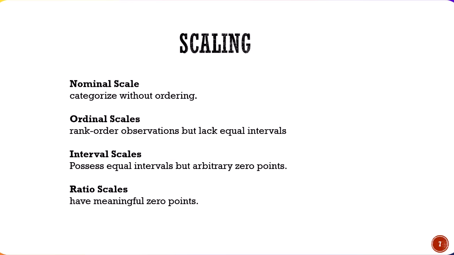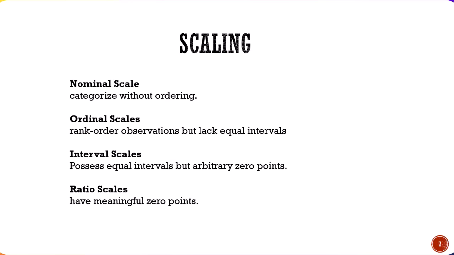In the nominal scale, we do not have any order, there is no rank, there is no numerical value, and there's no mathematical meaning assigned to it. So for instance, if we want to classify data into boys and girls, that data has no rank. We only have this number of boys and this number of girls. It doesn't have any particular value assigned to it.